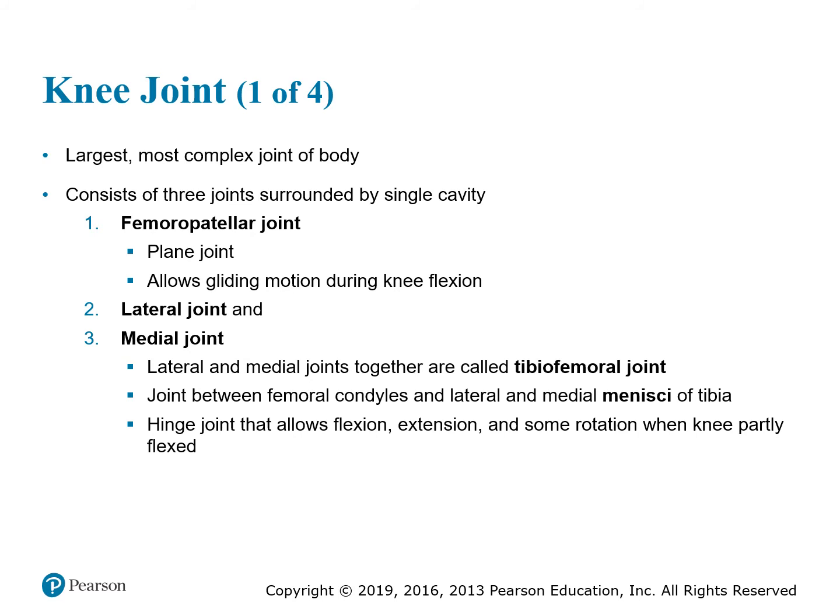The lateral and medial joints together are called the tibiofemoral joint, the joint between the femur condyles and the lateral and medial menisci of the tibia. These joints are hinge joints that allow for flexion and extension and some rotation only when the knee is partially flexed.